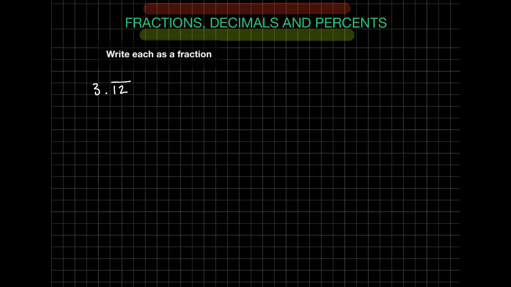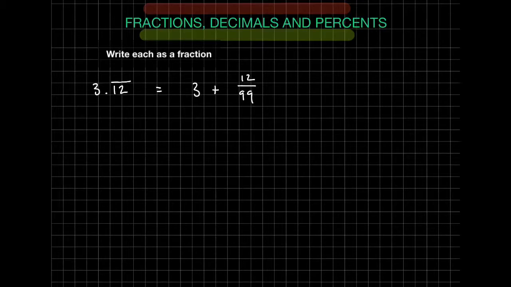Okay, so what if we get a number like 3.12, and that 12 is just repeating on forever and ever? So we just kind of break these apart. We're going to break apart this portion of it and this portion of it. So we're going to say that this is 3 plus 12 over 99. Okay.